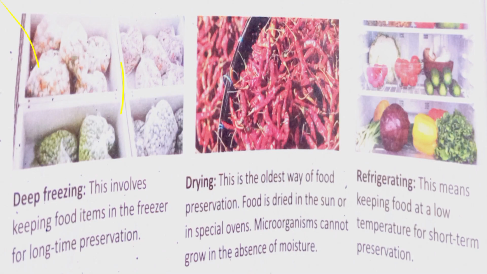Or we can also use special ovens to dry these substances to store them for a longer time, so that in the absence of moisture no organism can attack these food items. Now we can also refrigerate the food items at low temperature.